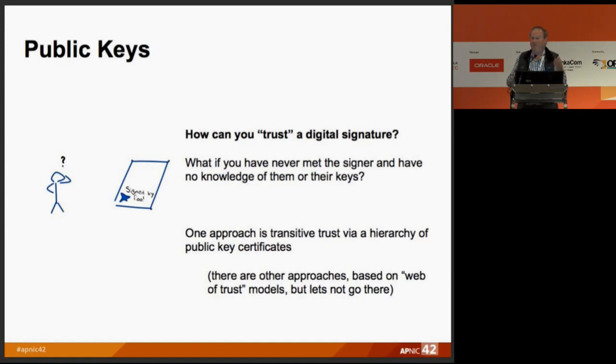Now, if we've met before, and I've given you my counterpart public key, we're okay. Because you can take that public key I gave you, check it against this signature that I signed with my private key, the two should interlock, and you can be assured of a few things. I said it, and no one else.